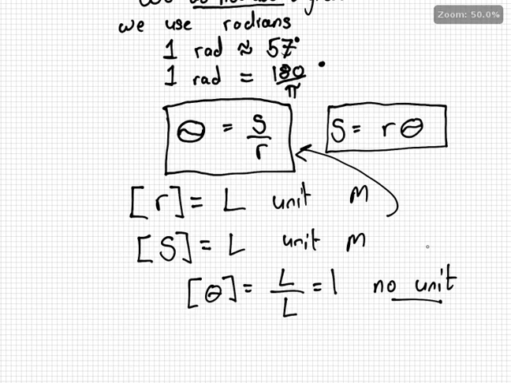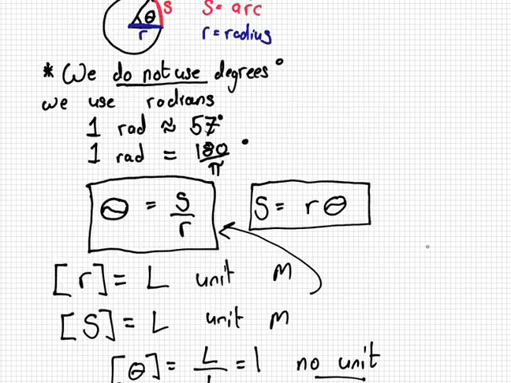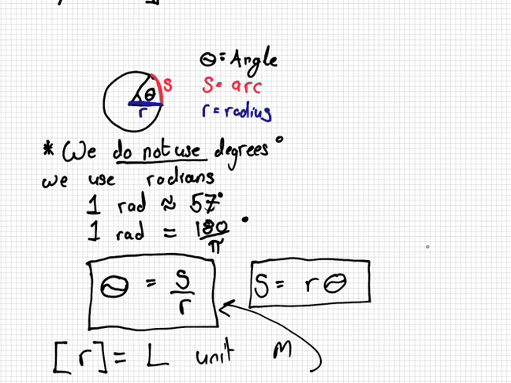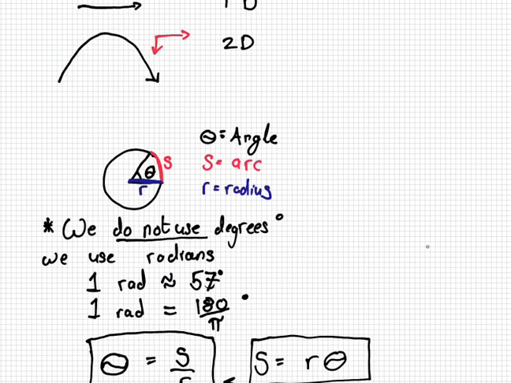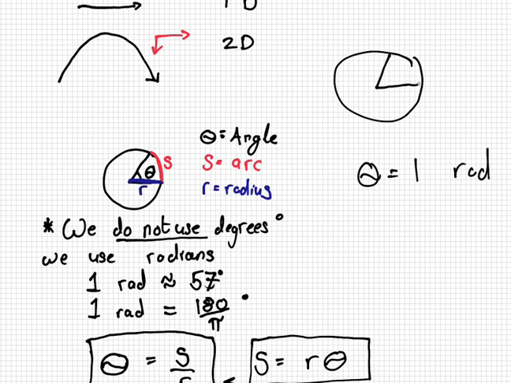Do you have that? Yes? What's wrong, Dana? That theta is radian. Yeah, we call it radian. So, for example, here, if I say theta equals 1 radian, that's about that much. And then this would be about 2 radians, roughly.